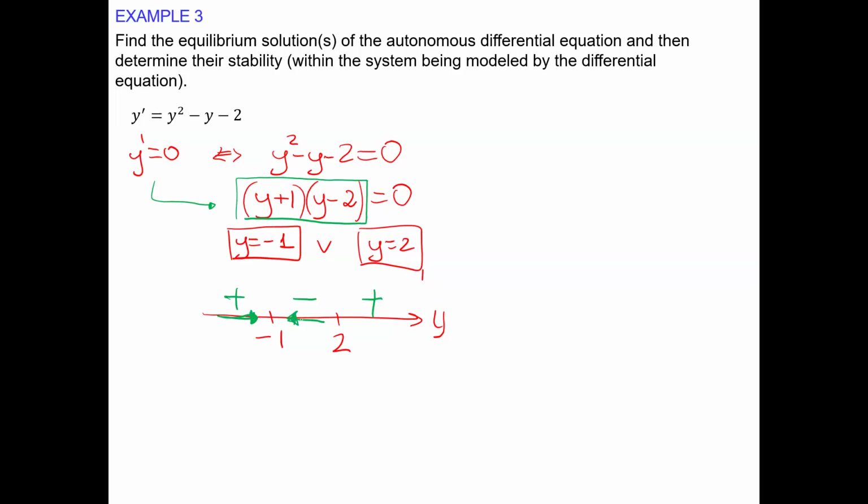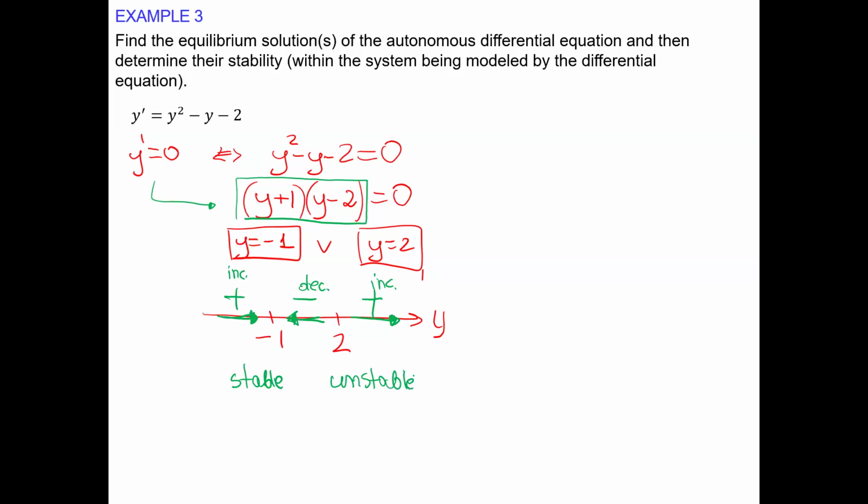Negative means to the left. Similar situation to example number 2. And this is for the function increasing, decreasing, increasing, because the derivative is positive, negative, positive, respectively. Now we can call negative 1 stable because the arrows are pointing towards it, and 2 is unstable.